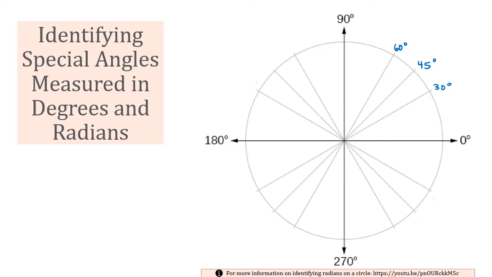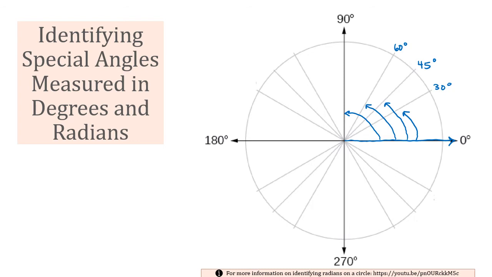Starting on the positive x-axis and rotating counterclockwise, I first approach 30 degrees, which is our first special angle. And then if I go halfway, I get to 45 degrees. And if I go 2/3 of the way, I get to 60 degrees. And if I go all the way, that whole quadrant, I get to 90 degrees.